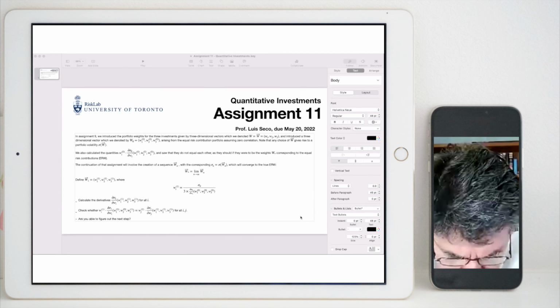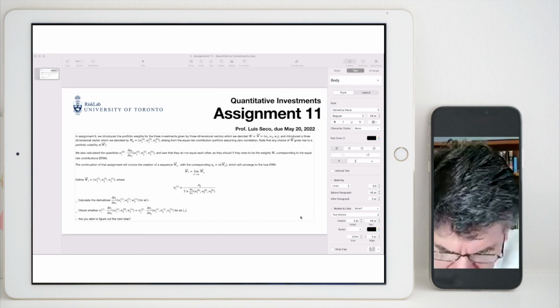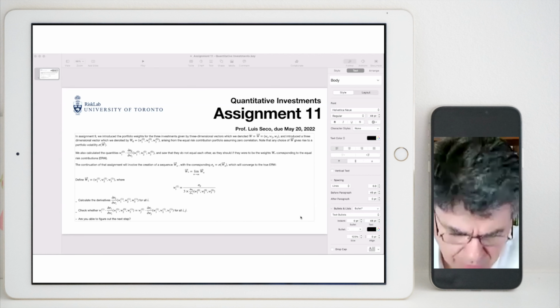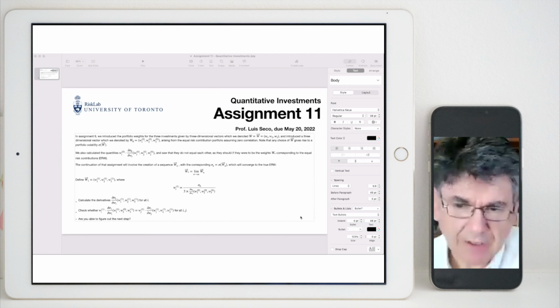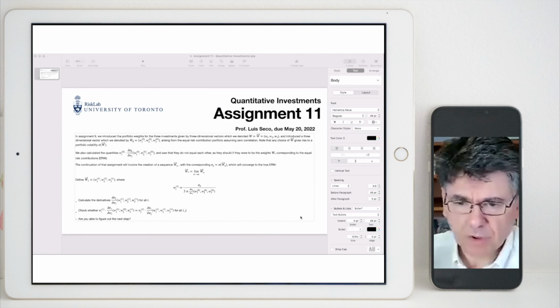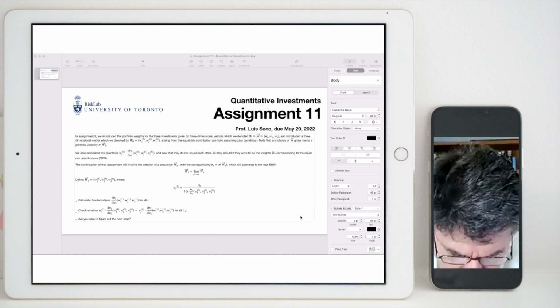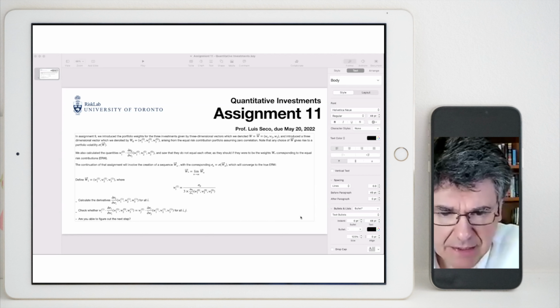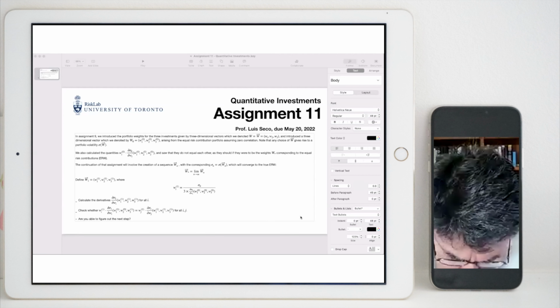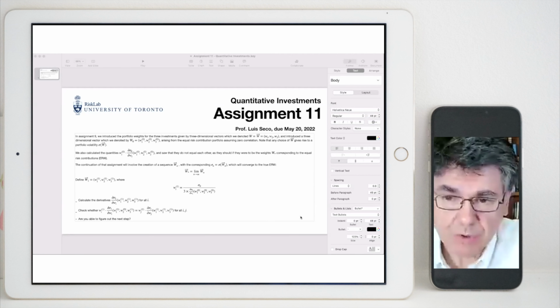So in this assignment, what you need to do is we're creating an iteration. We're going to get the answer by iterating. We started with a guess, and the guess is the allocation with a zero correlation.